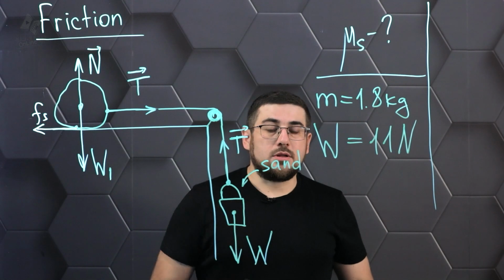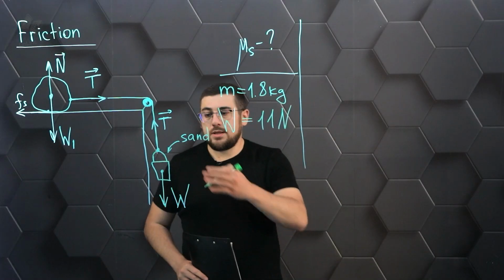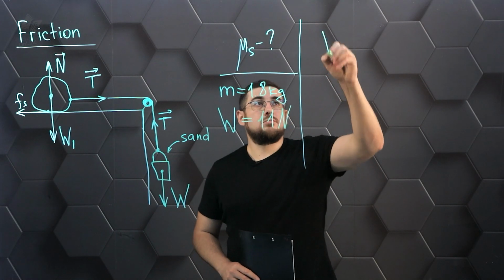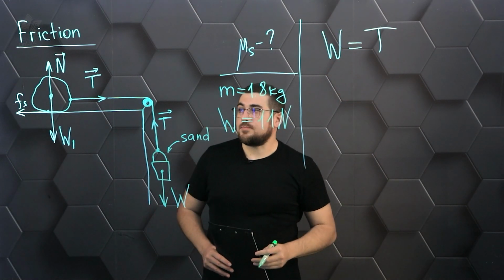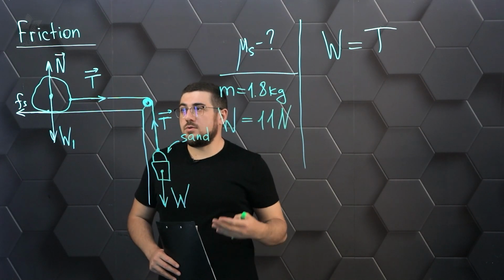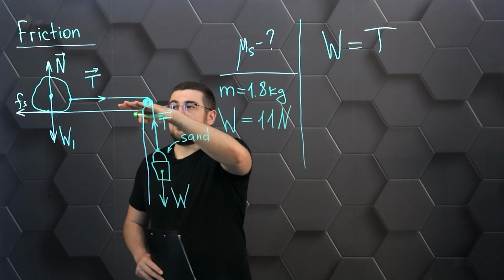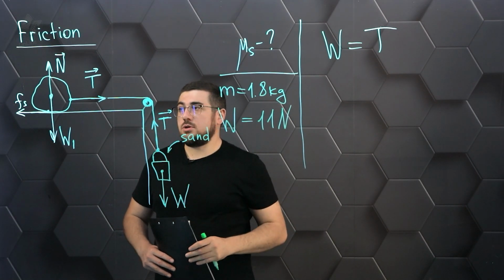Let us then describe the conditions of equilibrium for each body in sequence. For the bucket with sand, its weight is compensated by the tension force of the thread. As for this lantern, we have to describe two equations: the forces acting along the x-axis and the forces acting along the y-axis.